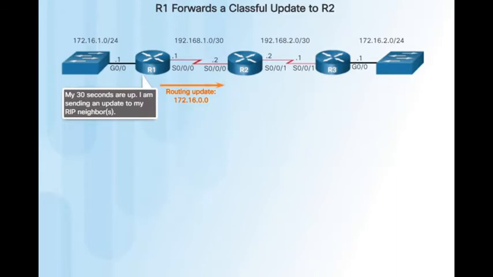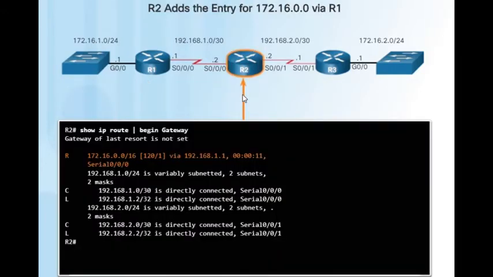So instead of sending the 1.0 network, it automatically detects the class B network and forwards it to the other neighbor router. When R2 receives and processes that update, it will create an entry in its routing table for the class B network, which is the 172.16.0.0 network.